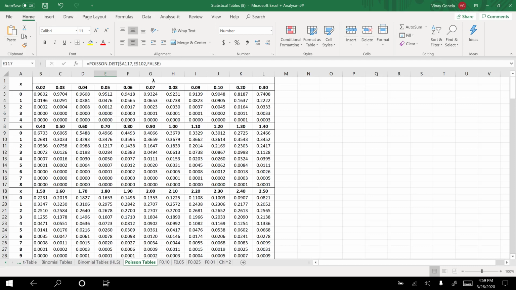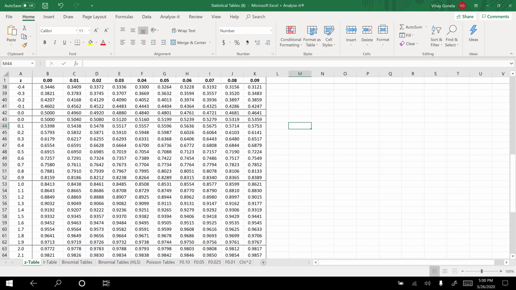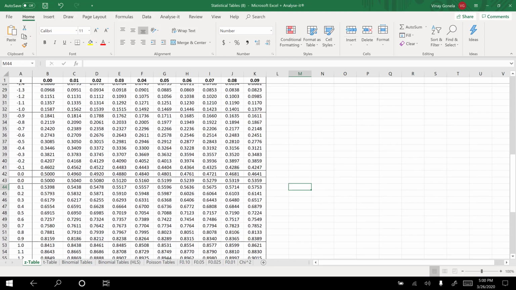I will go to Z table. So that's the Z table spreadsheet I went to. This table gives the area to the left of the normal distribution curve. So I'm looking for 0.005 probability.